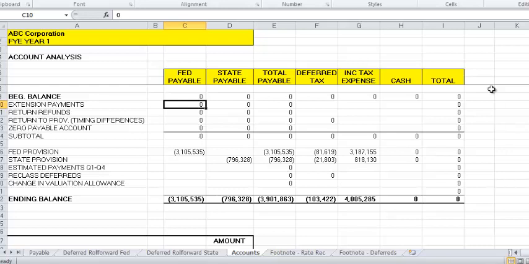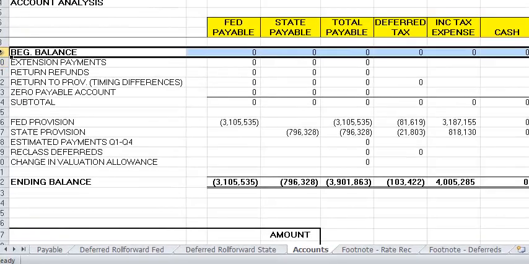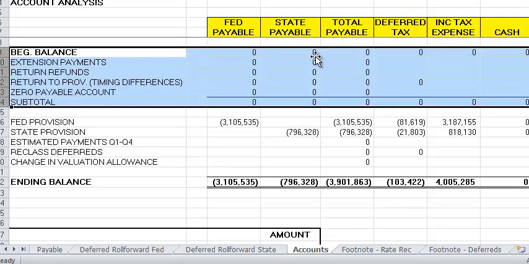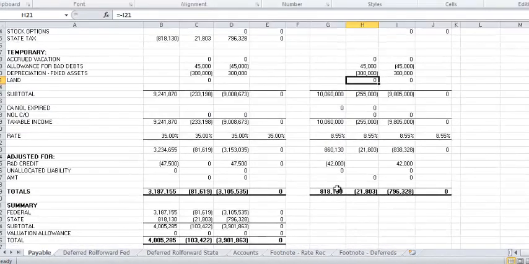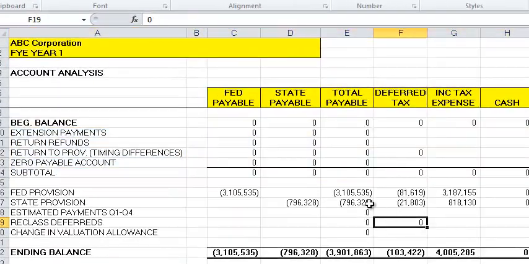So what this tab is trying to do is it's saying, look, this is the first year of your existence. Okay, you have nothing. But now you started running your business and you got to book tax entries, right? So I told you what entries to book, right? It comes right off the bottom of this schedule. But you need to book them.